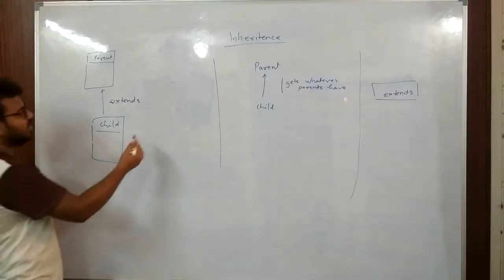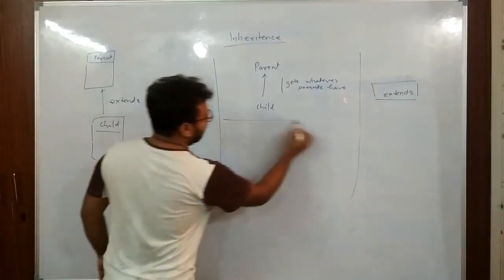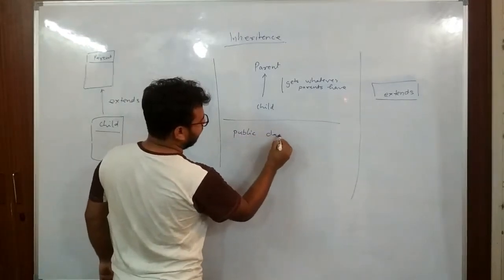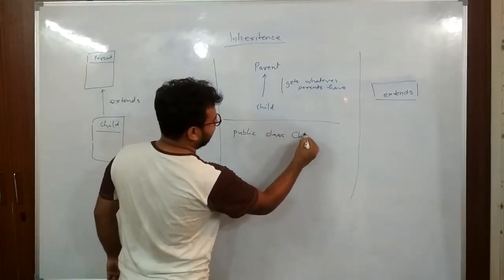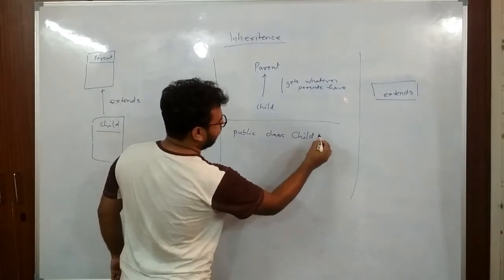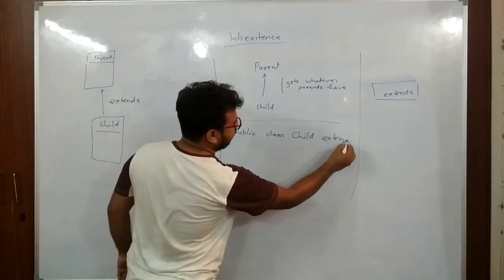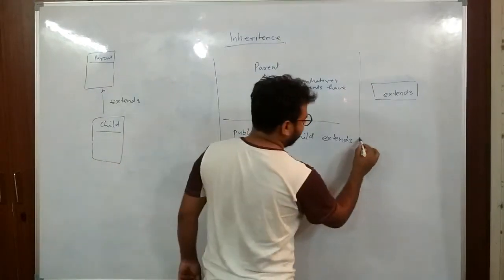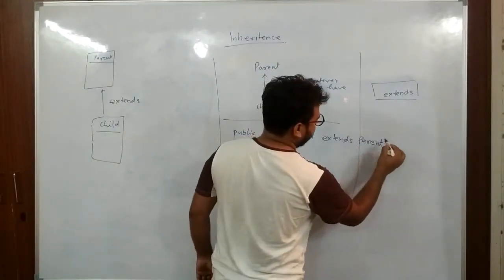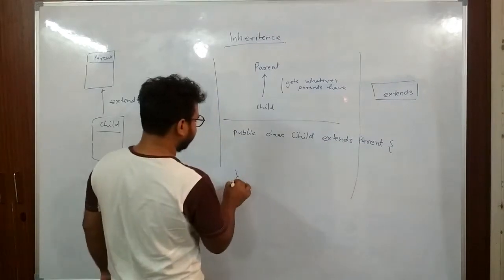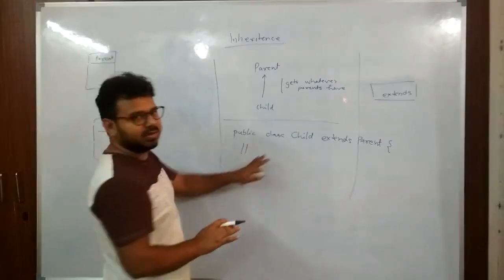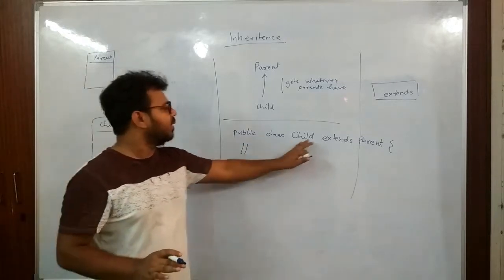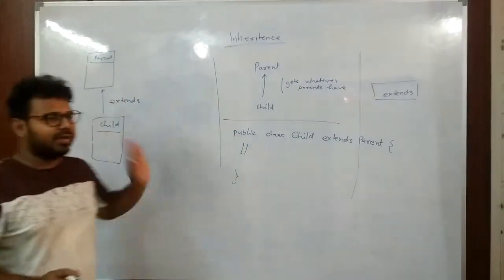Okay. So in Java, we simply have to write like this: public class child, then the keyword extends, and the name of the parent class. Here it is parent, so we will write parent, then the code of the child class. So it is simply child extends parent.